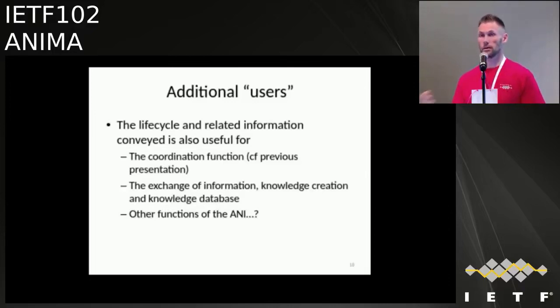But there can also be other autonomic network functions that can make use of the elements of this life cycle to interact with the function. So the next presentation will be on the coordination, the different interactions between those functions, but also exchange of information, and there can be other functions for the ANI.